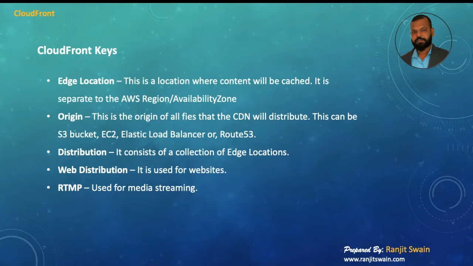That edge location will contain all the data viewed by the users of that particular region or area. It is separate from the AWS region or availability zone, so it does not belong to the same region or availability zone.